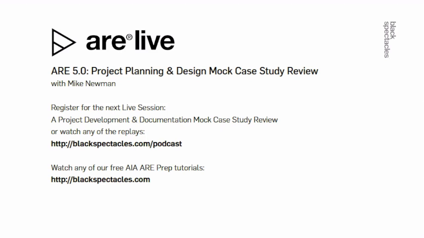So for example, you might have a question about soils in exam 3, thinking about what kind of foundation would be likely to go in given a certain set of soils that you would get in that early programming phase, where the client has given you a geotech report and you might have to respond to it in some way.